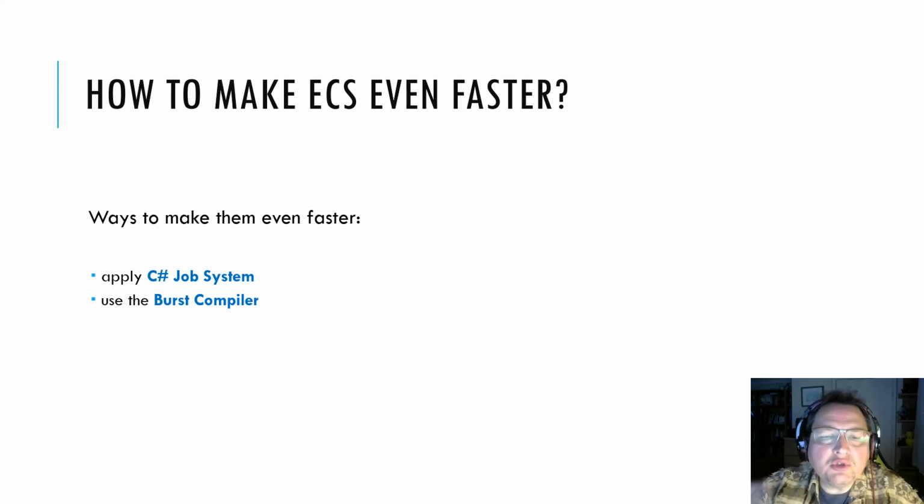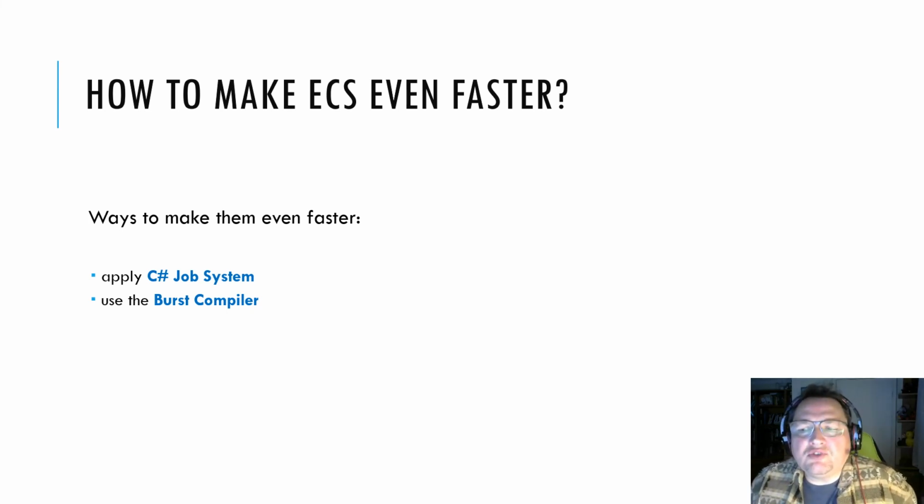To make full use of the C# job system, there is a special new version of a compiler called the burst compiler that can generate these very fast bursts of processing in which consecutive data components are processed very quickly.